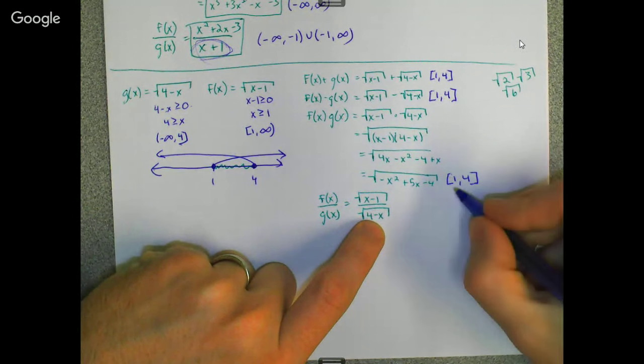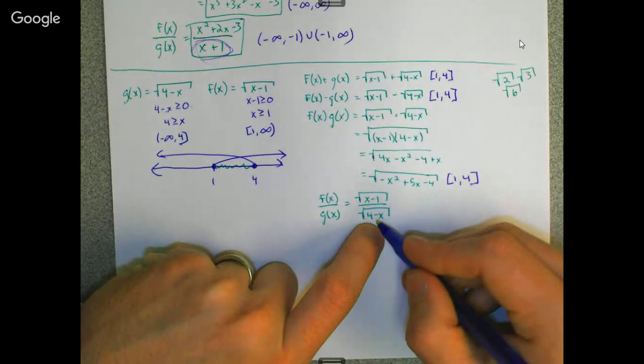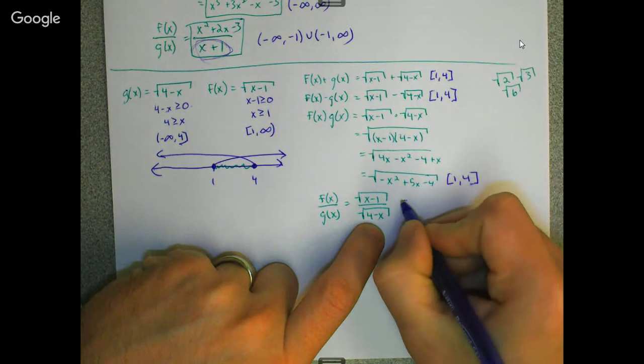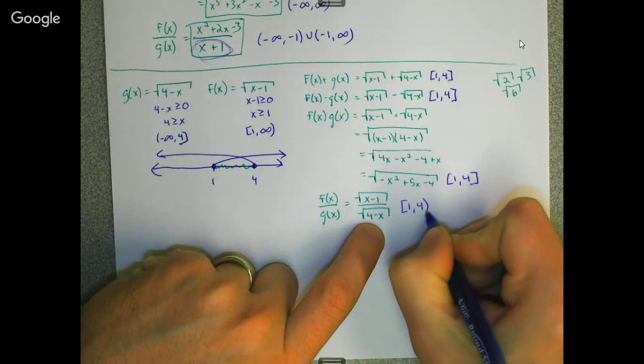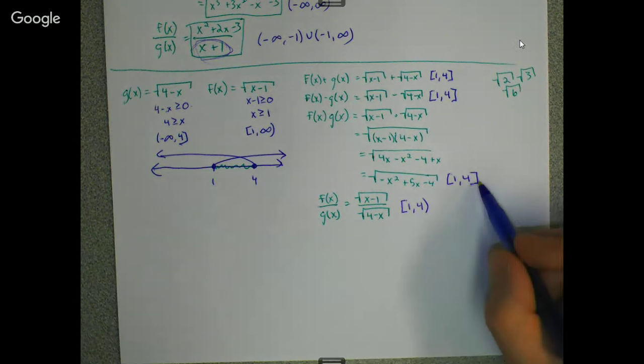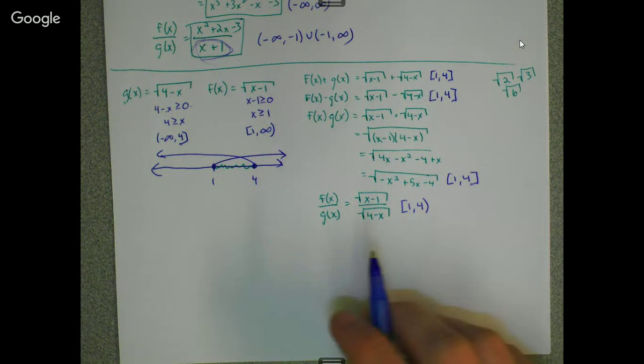In this window right here, this 1 to 4, are there any numbers that make this one 0? Yes, 4 would make it 0, so we need to get rid of 4. And I simply do that by putting the parenthesis instead of the bracket. Remember, bracket means I can choose it. Parenthesis means I can choose everything up to it, but not including.